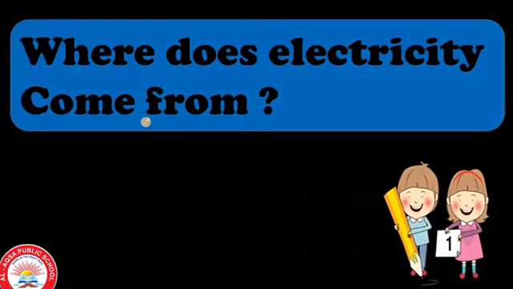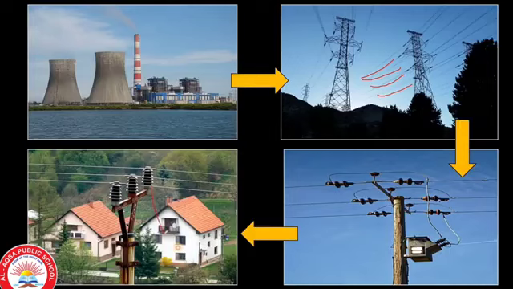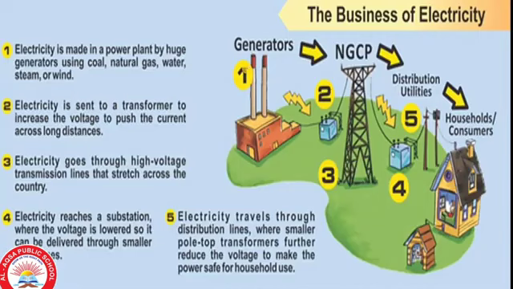Do you know where electricity comes from? A power station provides us with electricity. Electricity is made in a power plant by huge generators. Then electricity is sent to a transformer to increase the voltage to push the current across long distances.